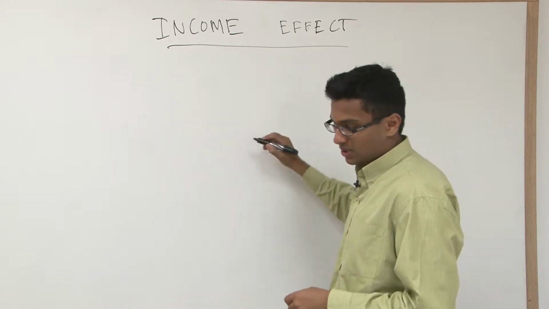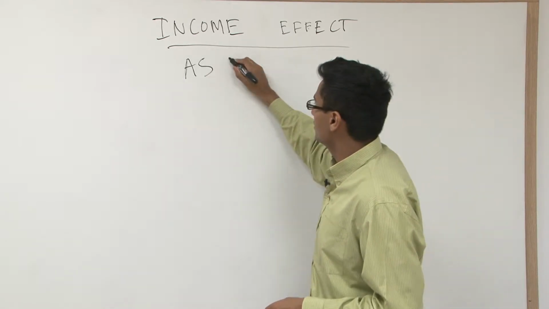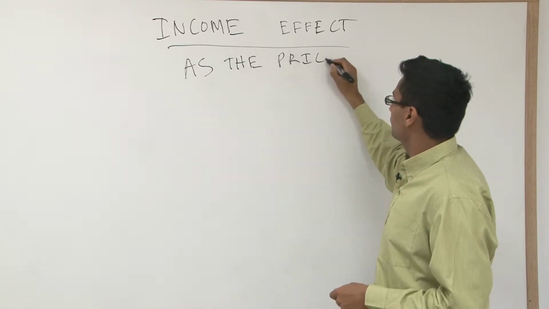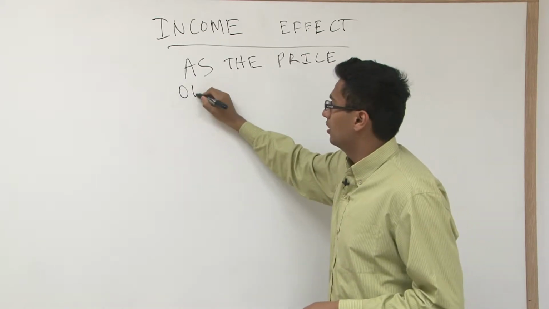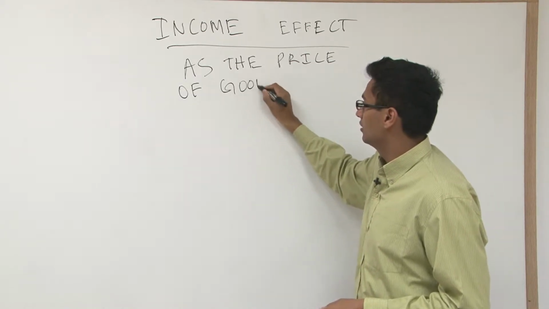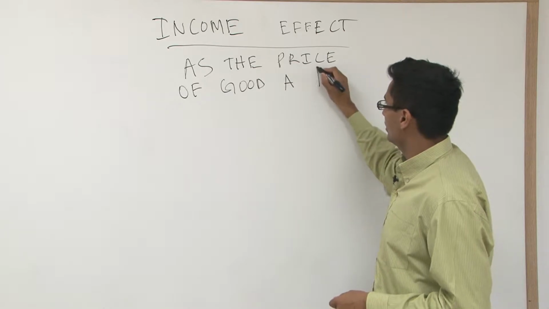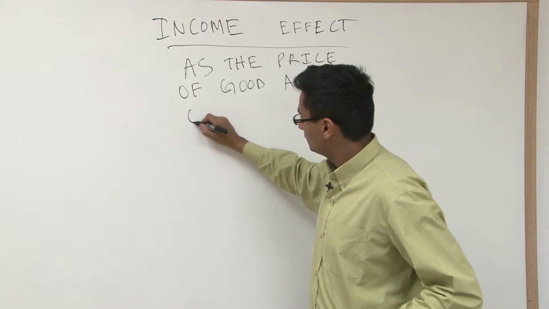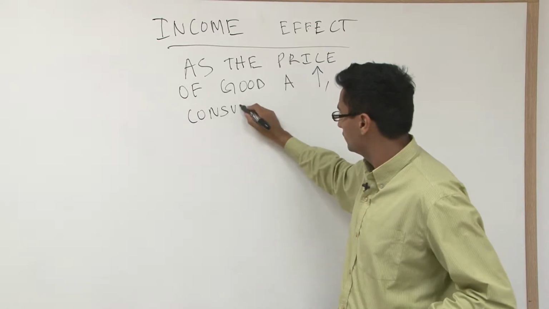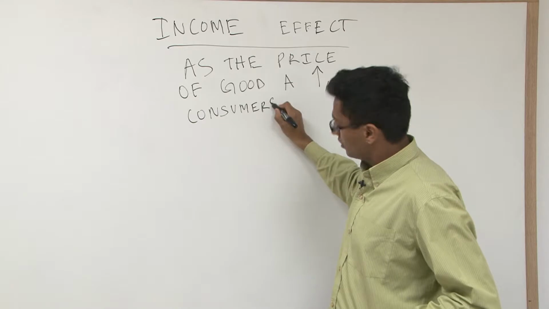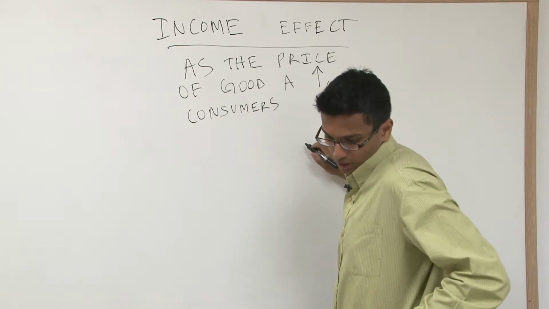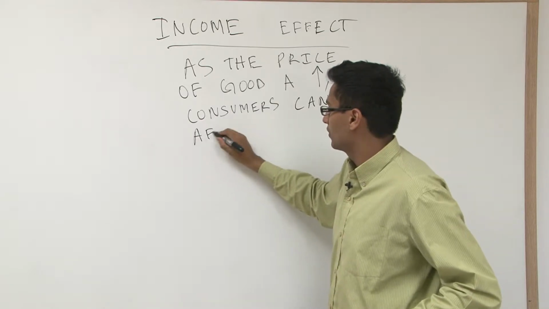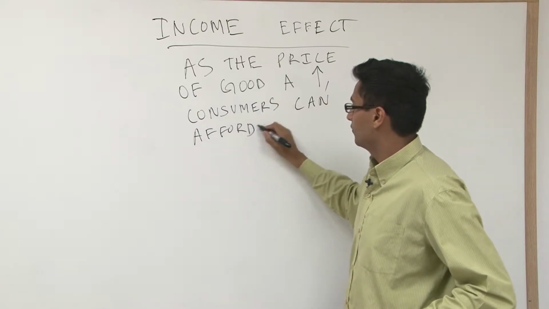It says that as the price of good A rises or increases, consumers can afford less.